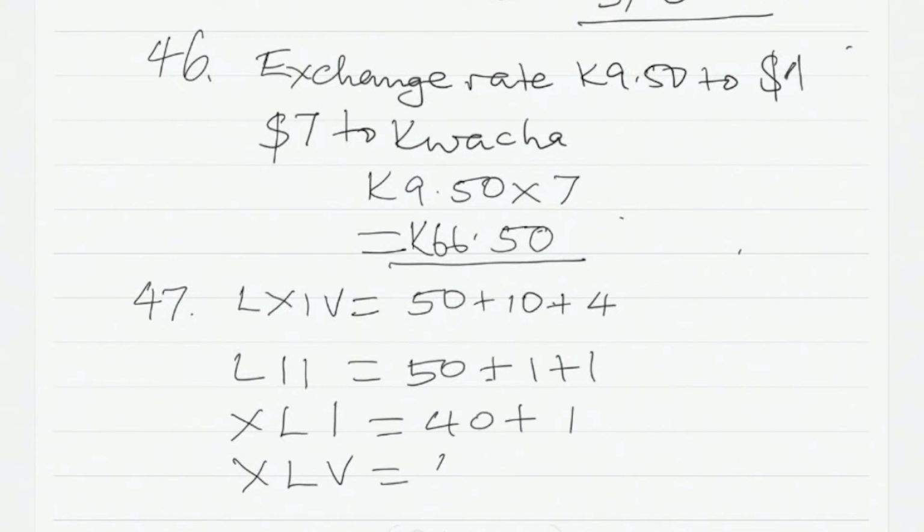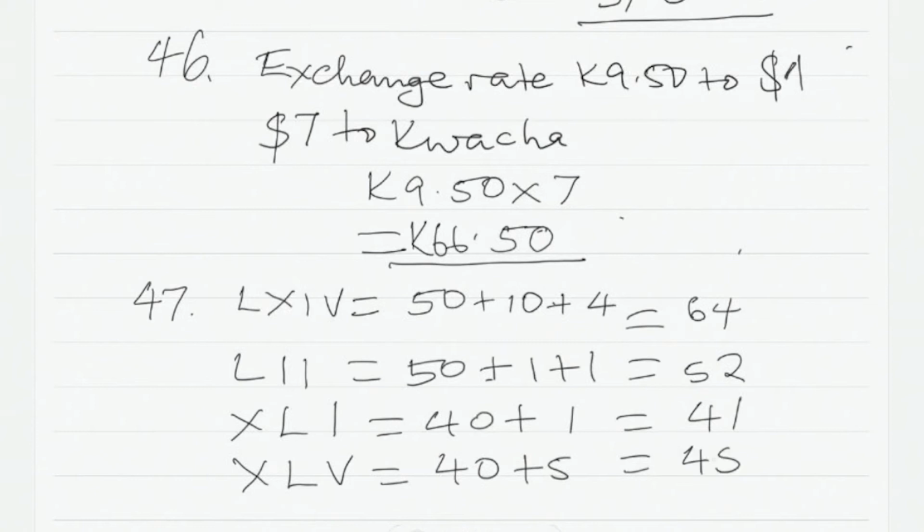Then LII is 50 plus 1 plus 1. XL means 50 take away 10. That is 40 plus 1. This is 40 again plus 5. Remember, our question says, which of the Roman numerals is the smallest?